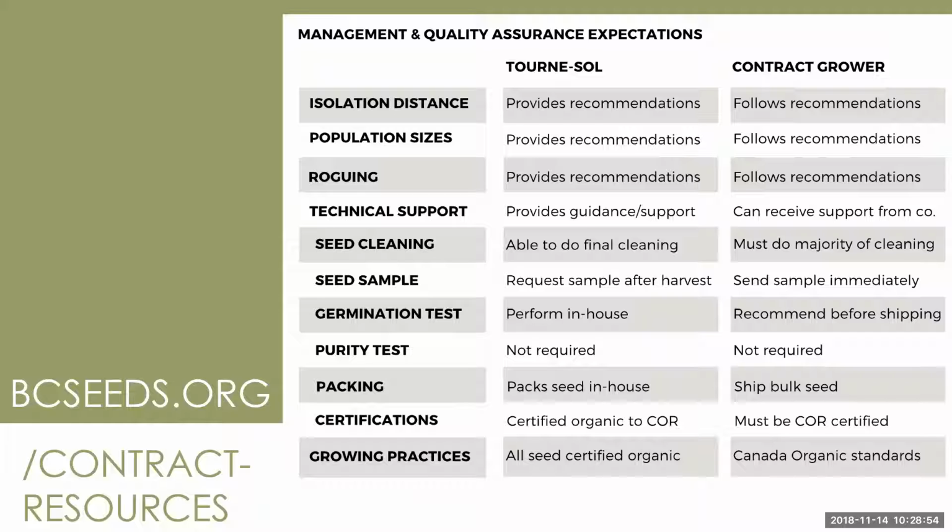Even if you don't need to meet all these assurances in each contract, knowing about them is really important. This also helps the seed company know that the seed they're getting has been grown to a certain standard, and gives them some assurance that they can pass that seed on to the public as well.